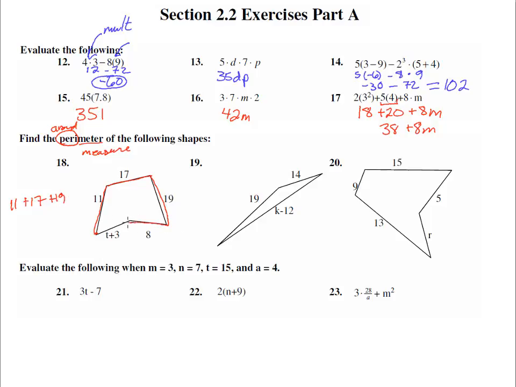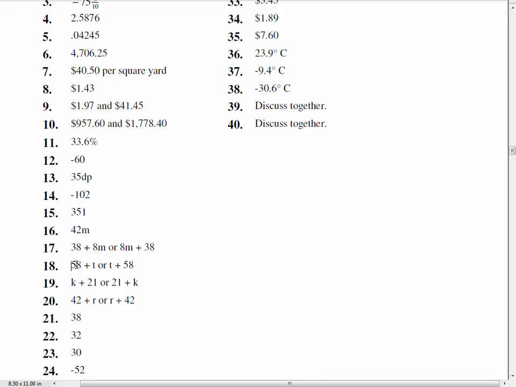Plus 8 is 55. Plus t plus 3. Well, I don't know what the t is, but I can put those others together and have a 58 plus t, or I could have a t plus a 58. That's all I can do there. Let's double check our answer and make sure that we're correct. 58 plus t, or you could write t plus 58.